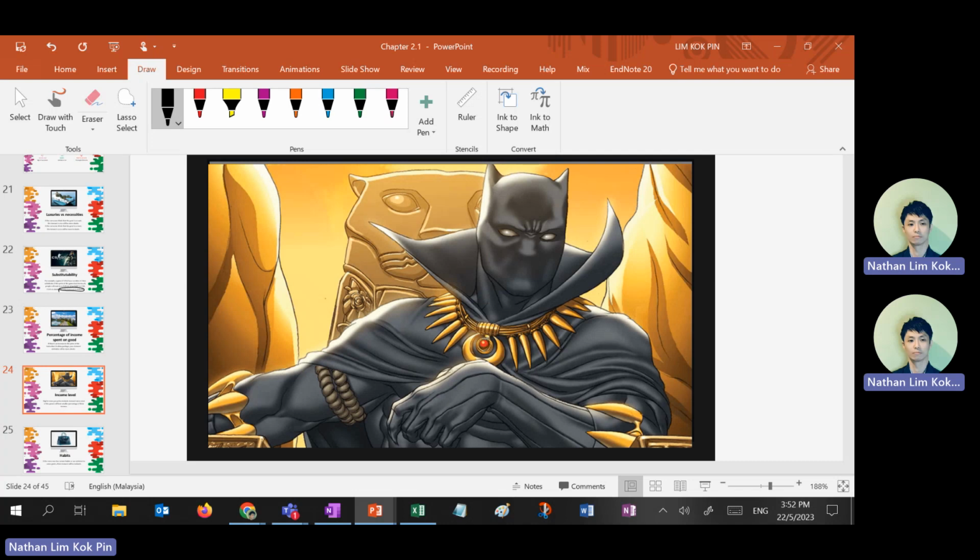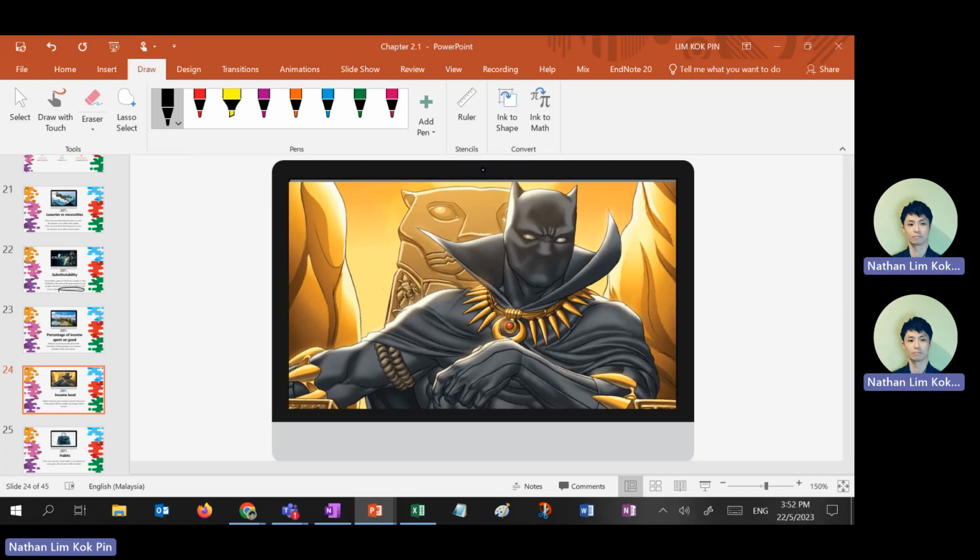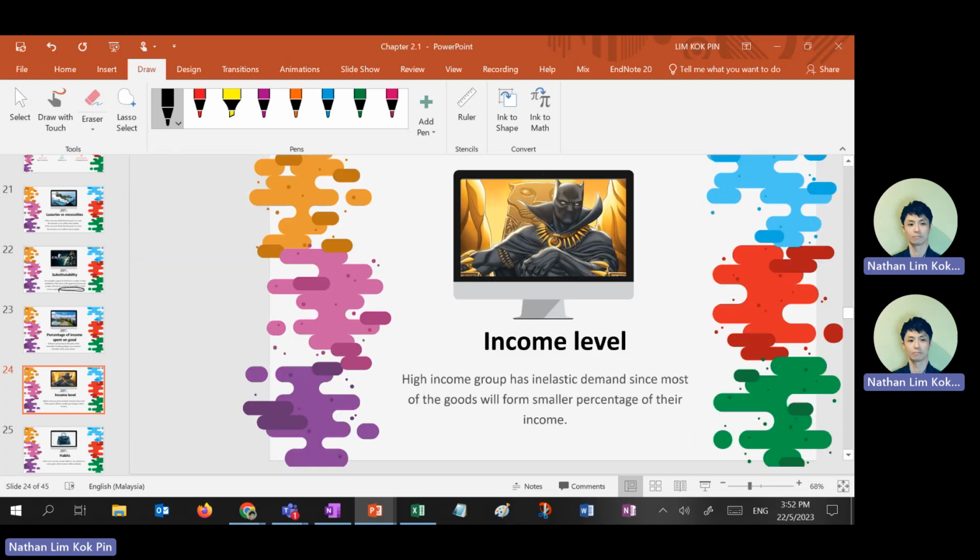You think Iron Man? He owned the entire city with Vibranium, man. You think Batman? In the entire Marvel and DC? No. Batman is only ranking number 3. Iron Man is ranking number 4, something like that. This one is ranking number 1, right? So this one has a very high income level, Black Panther.